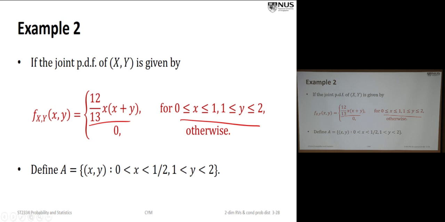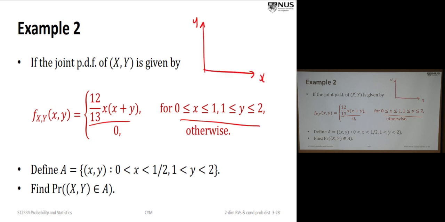What is the probability that the random variable (X, Y) takes a value within this region A? So you can think of it like this: x between 0 and 1, y between 1 and 2. So it's this part for which the PDF is defined.